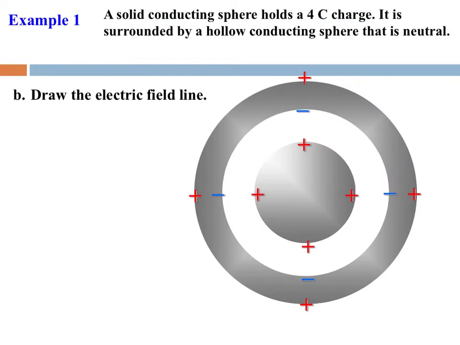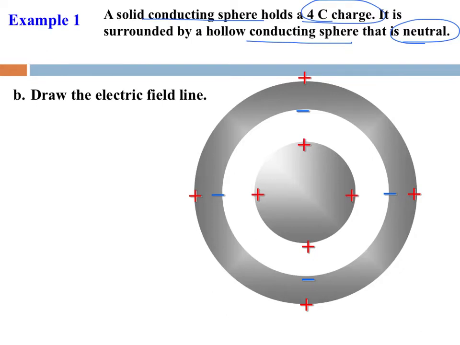So now we're going to draw our electric field lines. Our electric field lines always go from positive to negative. Now, we know that inside of our conductor we're not going to have any charge, because all of our charge acts on the outer part. So I'm not going to show any electric field there.